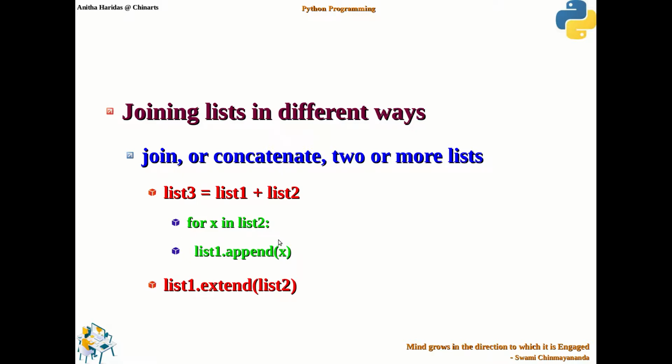Or you can use this code also. So observe, this is a for loop, and this is given as indentation. So for x in list 2, it will be appended to list 1. Or you can have the list 1 dot extend method, which is used for concatenating or joining two different lists. If you want to have more lists, that can also be done.